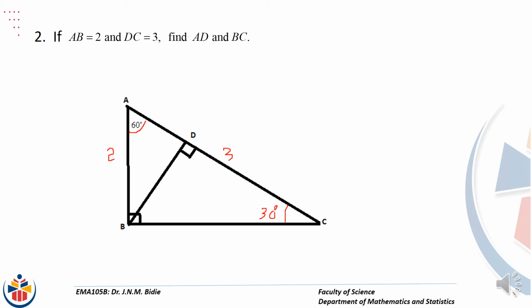And if it's 30 for triangle ABC, then we're able to get angle DBA. So that angle is 60 degrees. Angles of a triangle are supplementary. Because angle ABC has been given to be 90 degrees, it goes without saying that 30 degrees will be equal to angle ABD.